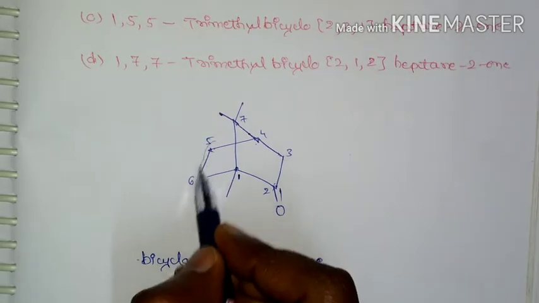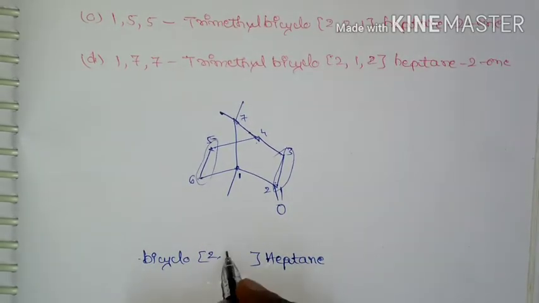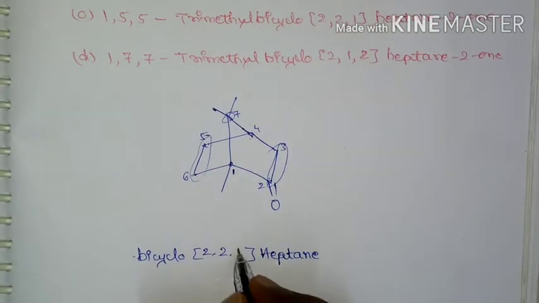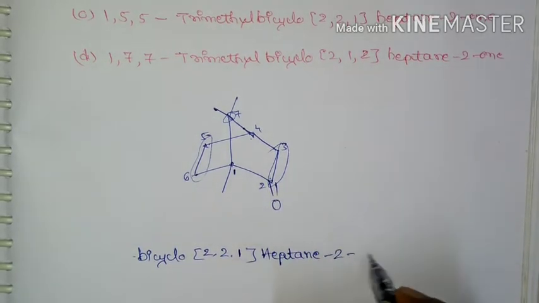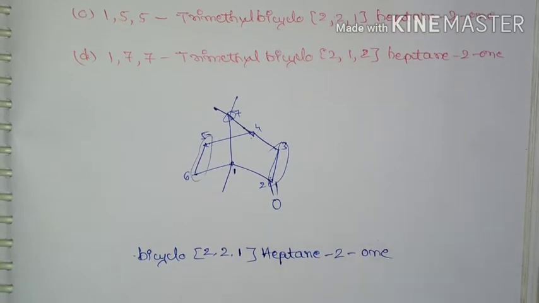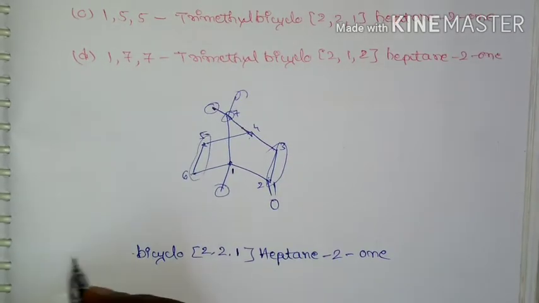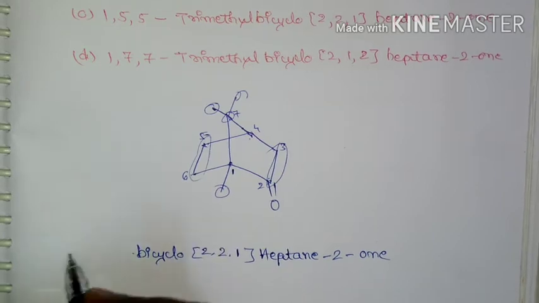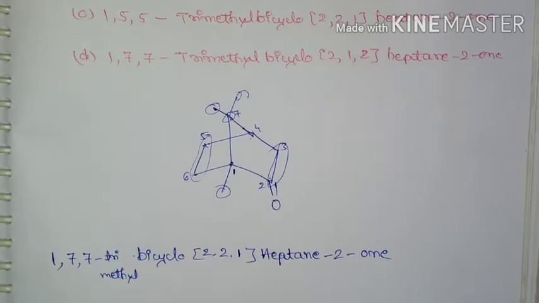This bridge has 2 carbons, the next has 2 carbons, and this one has 1 carbon. So bicyclo[2.2.1]heptane, and at second carbon we have a carbonyl group. The remaining are methyl groups 1, 2, 3, so trimethyl, present at positions 1, 7, 7: 1,7,7-trimethylbicyclo[2.2.1]heptan-2-one. So this is the IUPAC name for the bicyclic compound camphor.